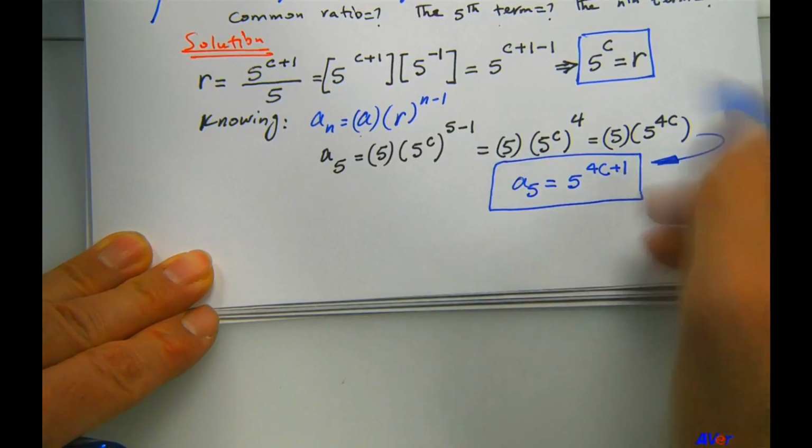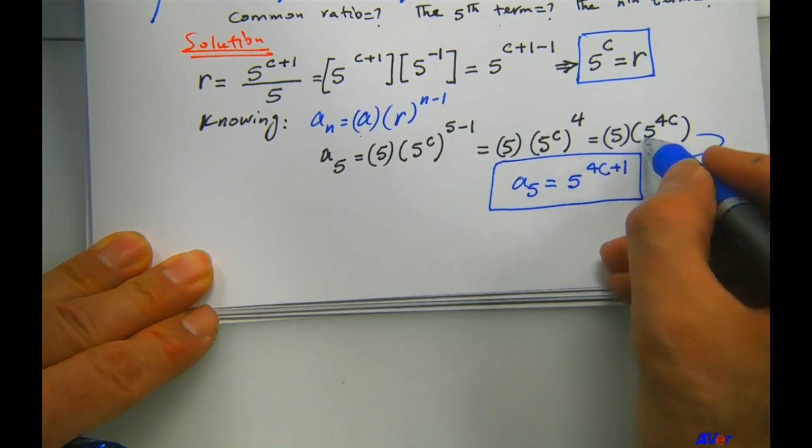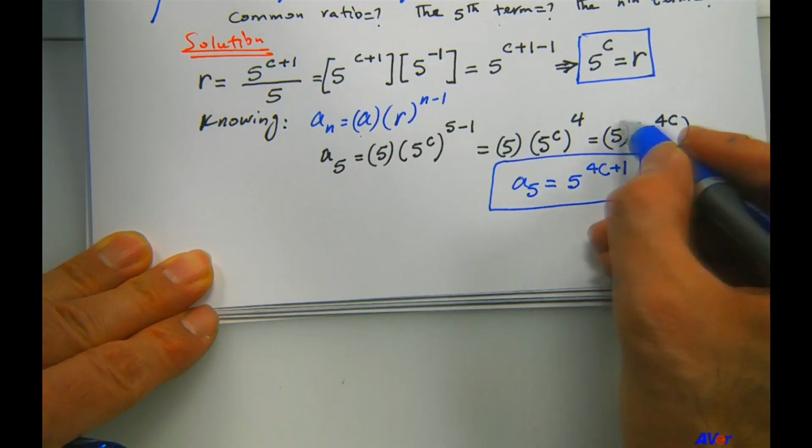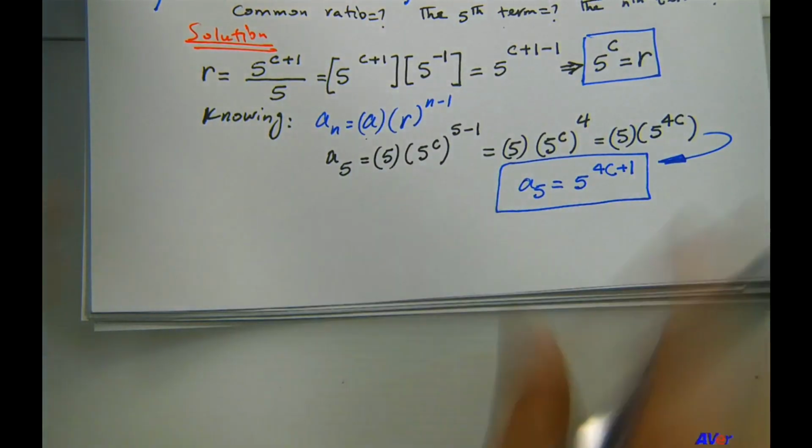That plus 1 comes from the power of this 5. The bases are identical. Using the properties of exponents, we can add the powers. 4c plus 1. There. Okay, and then they also want us to find the nth term formula for this.